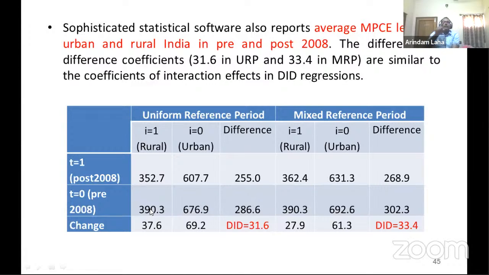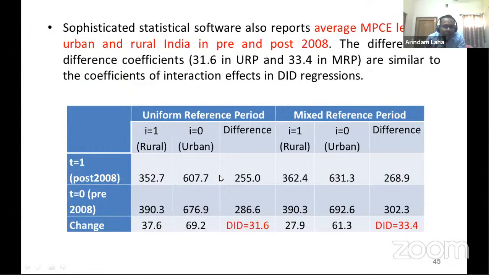You can calculate the mean consumption expenditure, and from there you can prepare this table. So this is nothing but your difference table. Okay, in this table you can also calculate the difference in difference estimation. So at first you have to calculate these four values, mean consumption expenditure for rural and urban India in both your pre-crisis situation and the post-crisis situation.